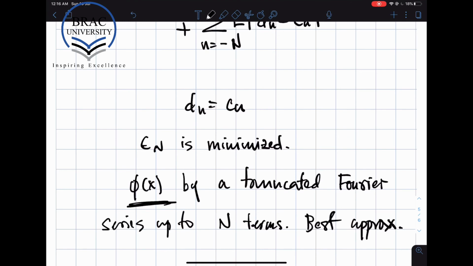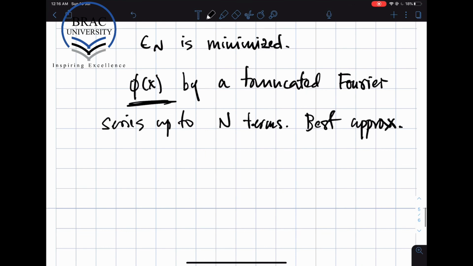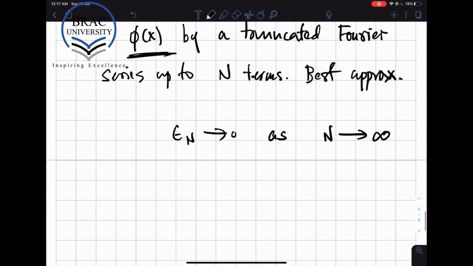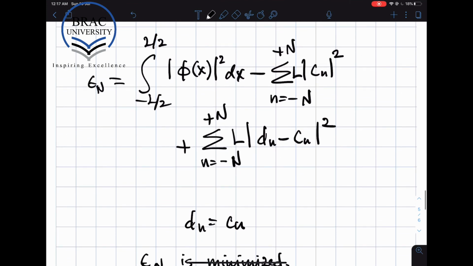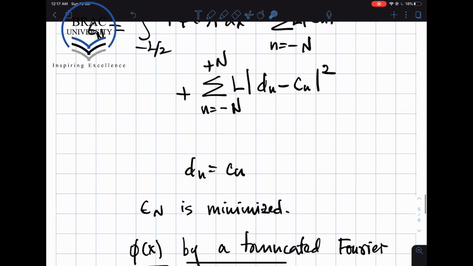And so further, it can be shown that this error goes to 0 as the number of terms that we keep in this approximation goes to infinity. And therefore, in that limit, this error goes to 0. Of course, we are choosing dn to be cn, so this is also 0.